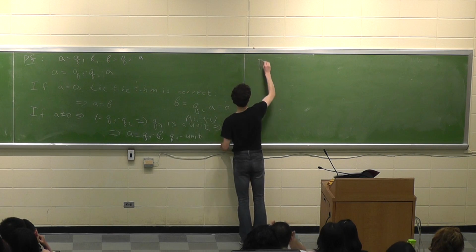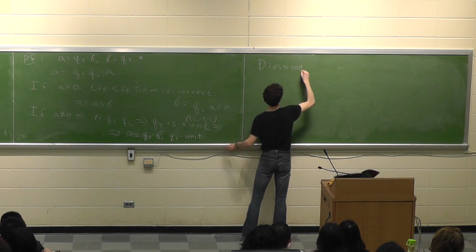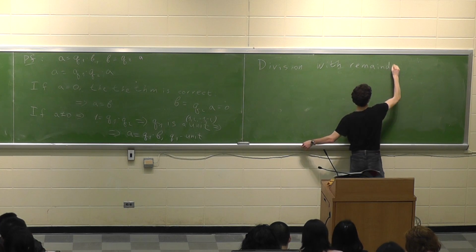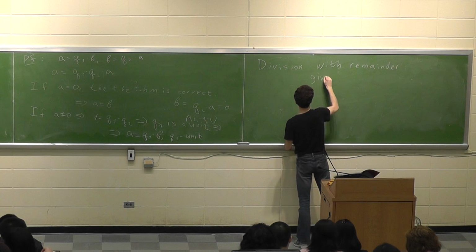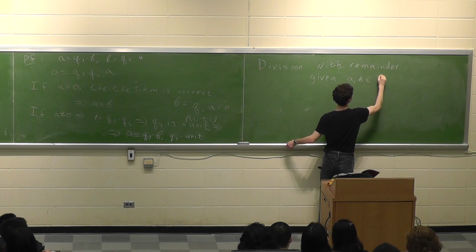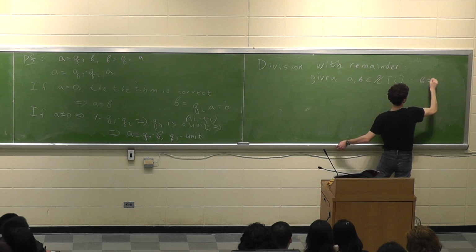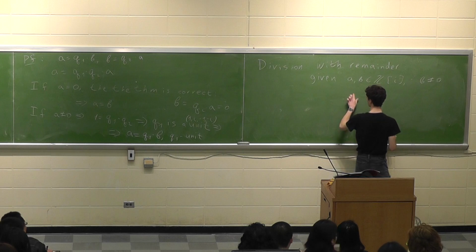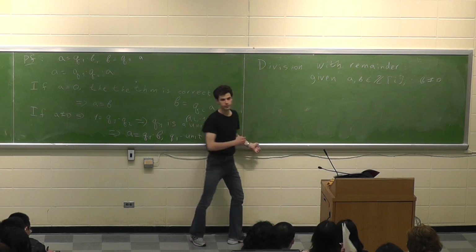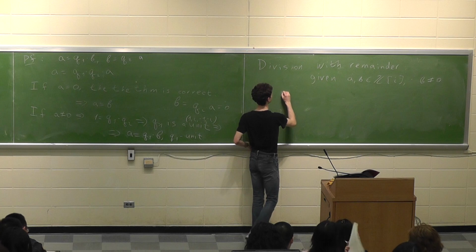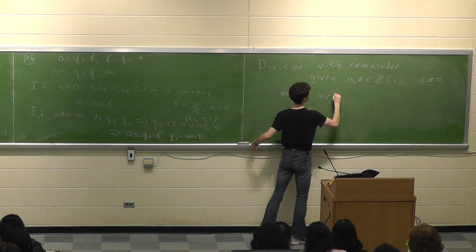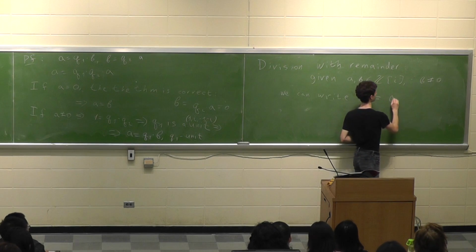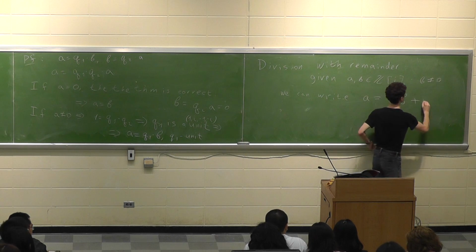So given A and B in the Gaussian integers, with B not equal to 0, we can write A in the following form: some quotient times B plus some remainder.